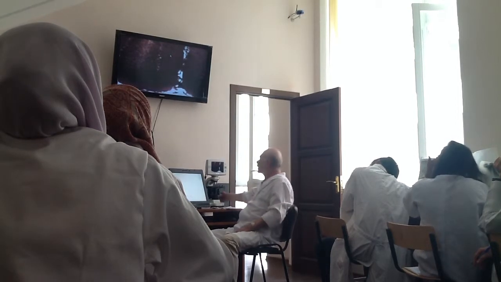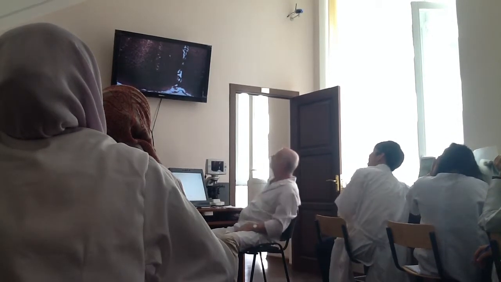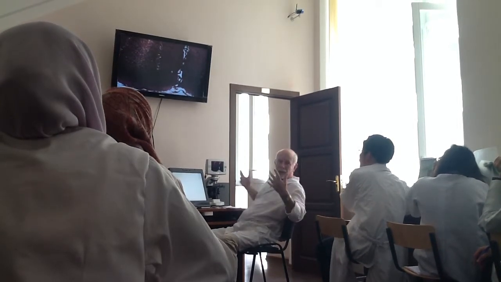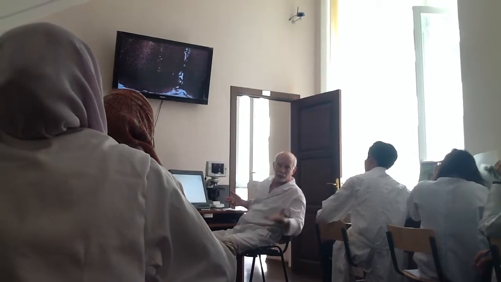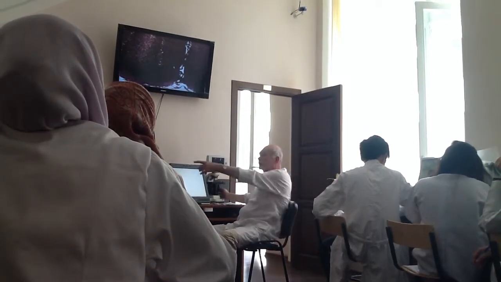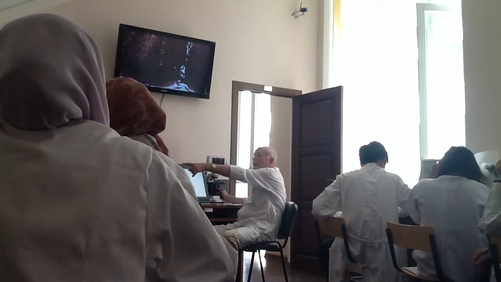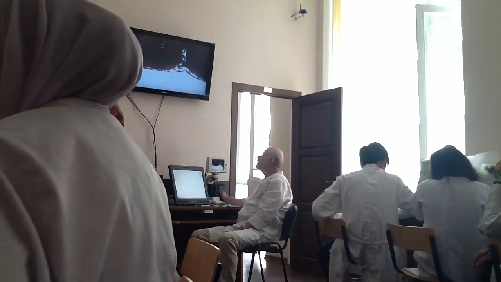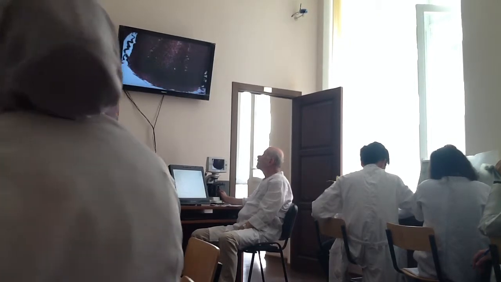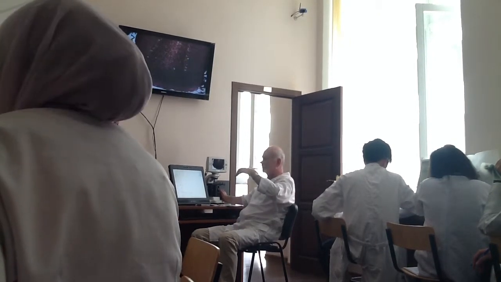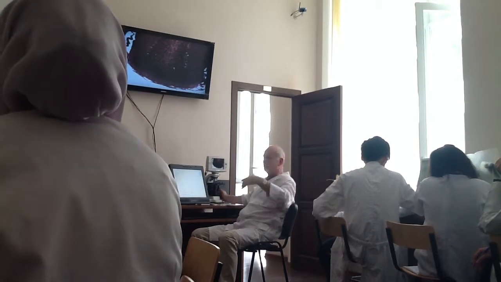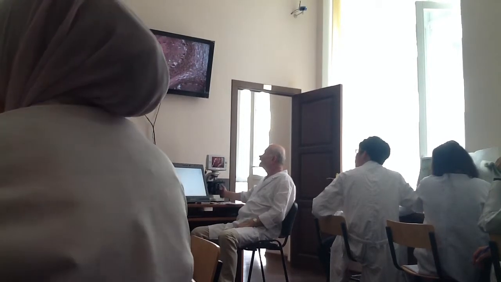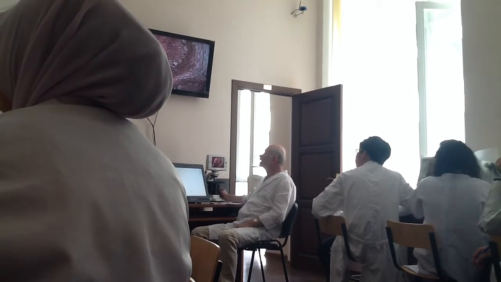So you see gyri and sulci between them. So gyri are present in the cerebellum too. The surface is irregular. You have the picture at low magnification. Shoot it at low magnification. You see that the impregnation on the top of the gyrus is intensive and the layers are not distinguishable, but deeper, the layers in the cortex are visible.